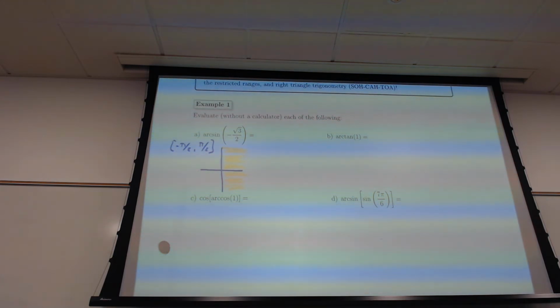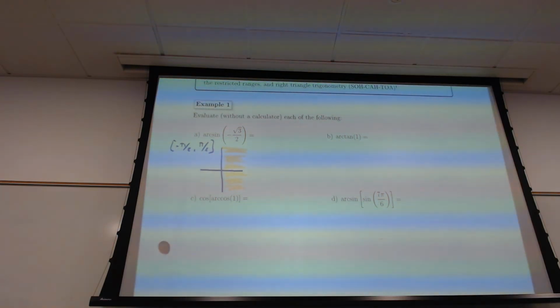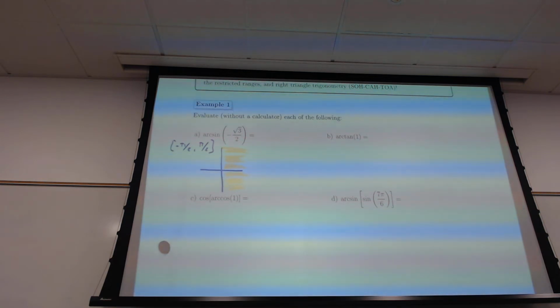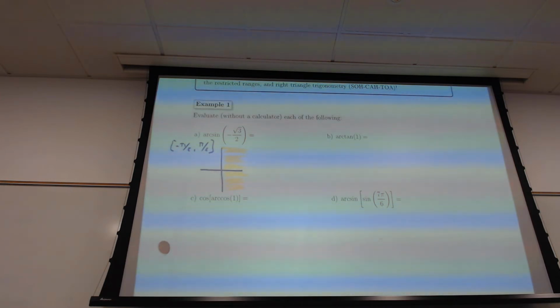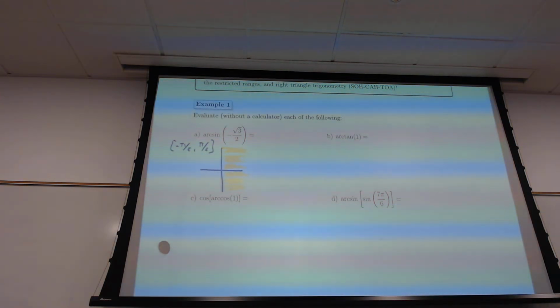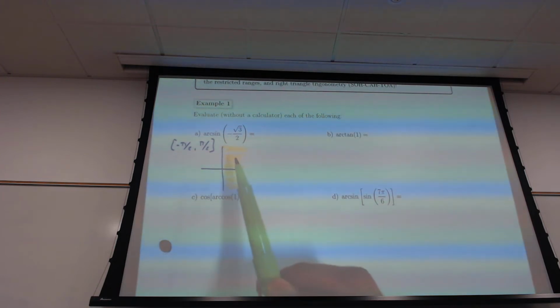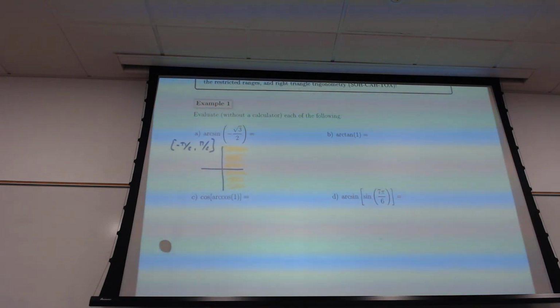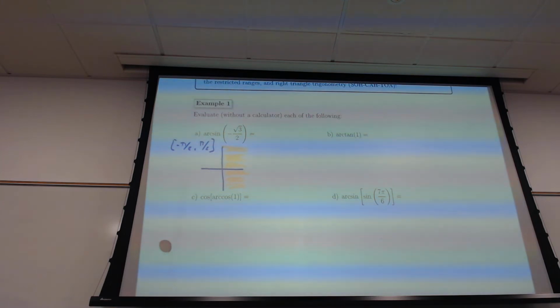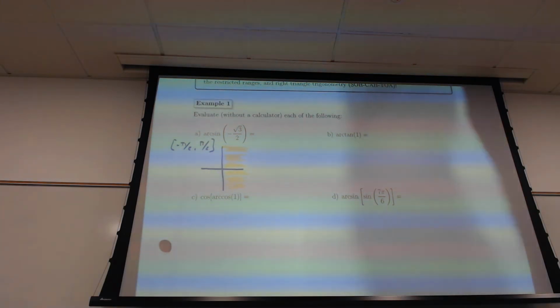All right? Now, in this case, notice we want to find out which angle has a sine of negative root 3 over 2. So we need to take into consideration which quadrant has the sine function negative. So the question is: is sine negative in the first quadrant or in the fourth quadrant? In the fourth quadrant. So I'm going to draw a triangle in here.